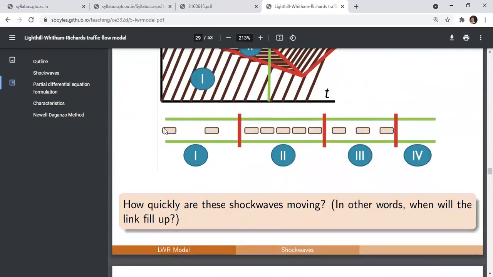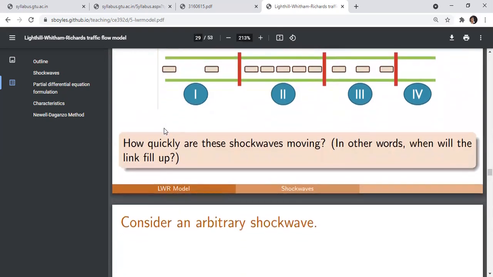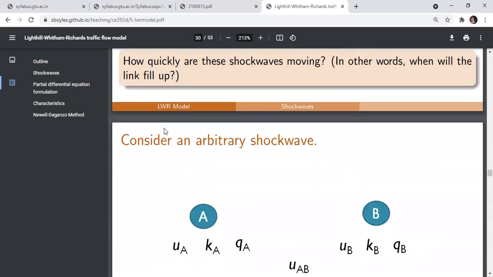So this line diagram shows the four different regions. In region 2, there is the jam density, the maximum number of vehicles resting at that section. And when the vehicles start moving after stopping, in region 3 and region 4, there is a reduction in the density at that particular section.